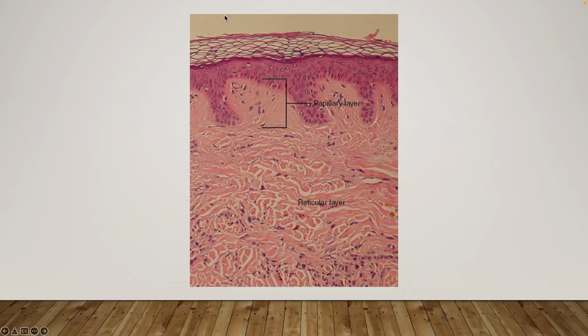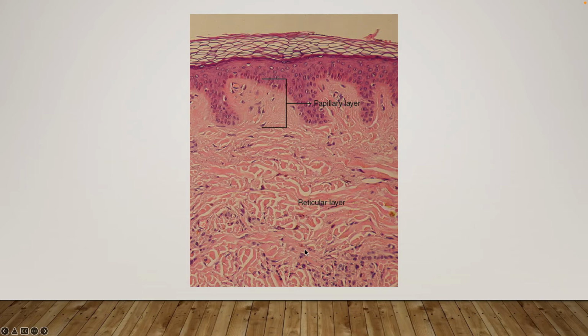Here we can see a histological picture of our dermis. You can see way down here our reticular layer, and then way up here our papillary layer. Here you can see an epidermal ridge, and here you can see a dermal papillae. And again, remember, this reticular layer, the majority of our dermis, is going to be composed of dense, irregular connective tissue, and our papillary layer up here is primarily loose connective tissue.